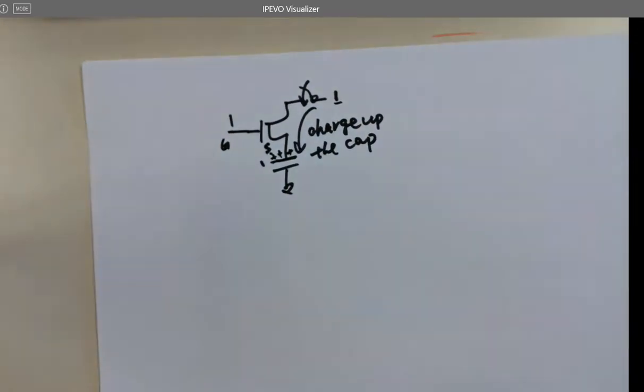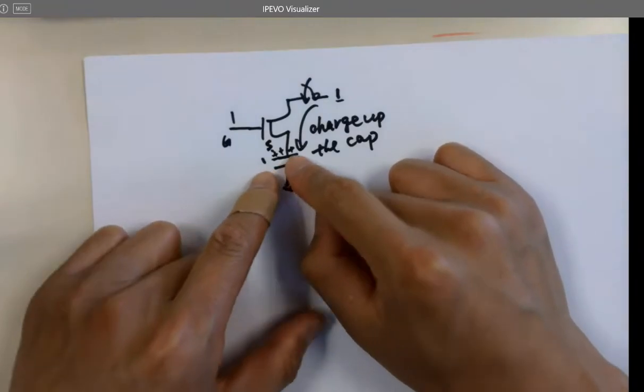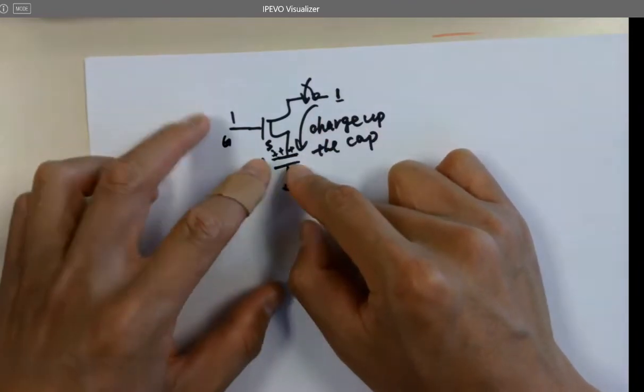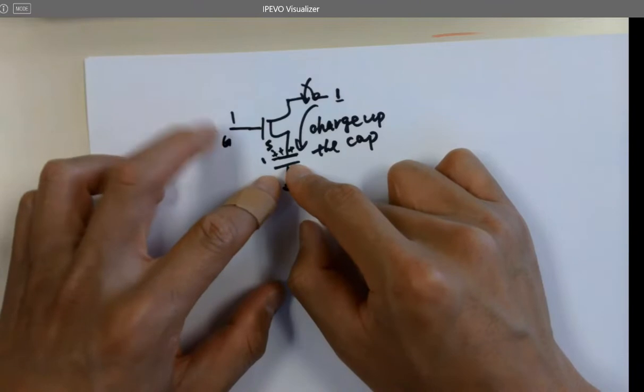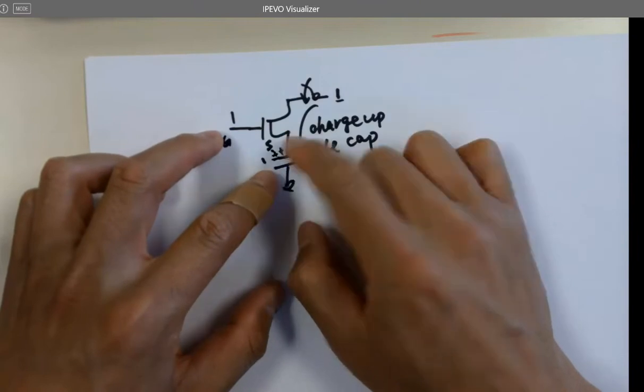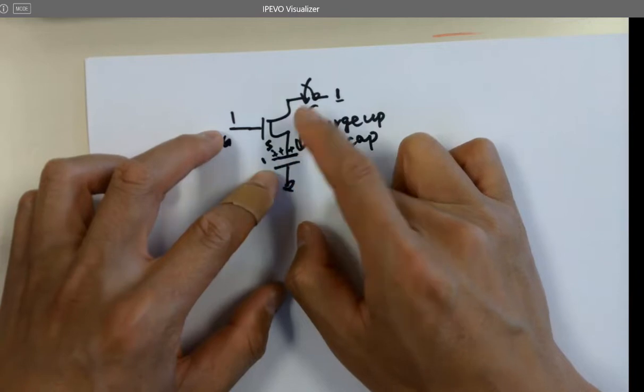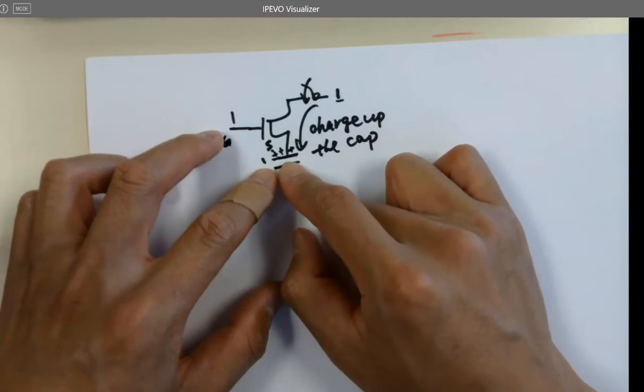I know you guys are tired. What is it? VGS, if this cap is fully charged to 1, what's going to happen? It's off. So could it reach 1 actually?